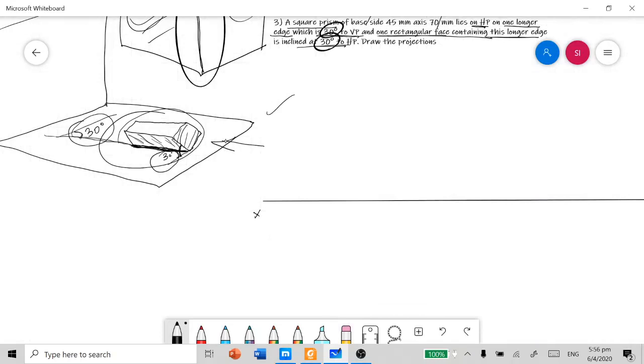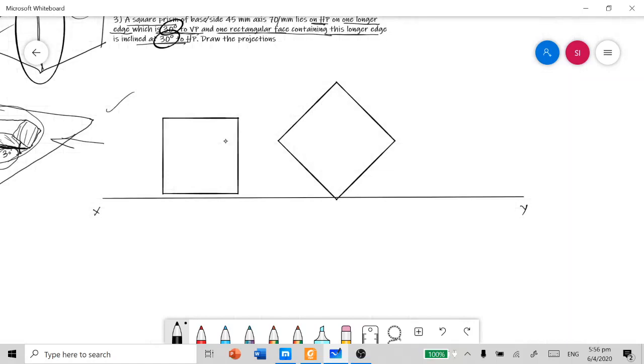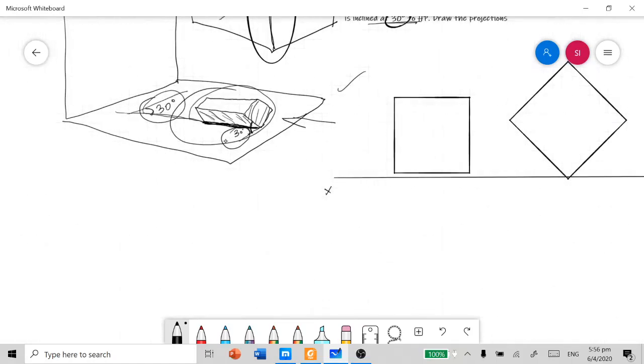And then the next point: how to draw the square base in the front view, whether in this way or in that way. Here you can look at one thing. The solid is going to rest on the HP with a longer edge, and at the same time the rectangular surface containing that resting longer edge is going to make 30 degree with the HP.